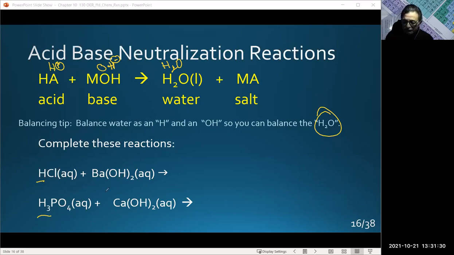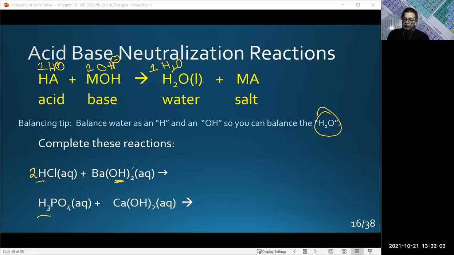Now, two things to remember. For every one proton that you generate, you're going to need one hydroxide to give you one water. Notice that barium hydroxide has two hydroxides. That tells you that I need two protons to neutralize the two hydroxides that are going to come from the barium hydroxide that goes in solution.